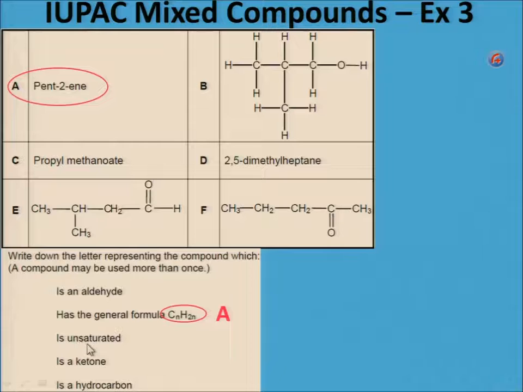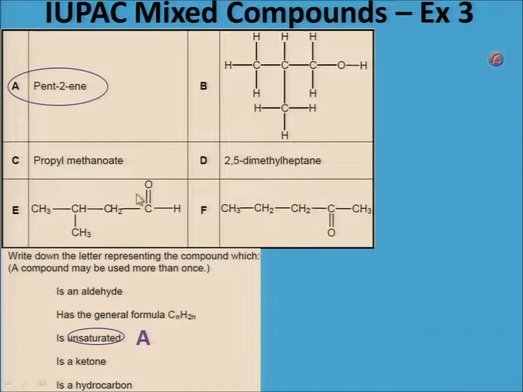Then for the next part, which of these compounds is unsaturated? What does unsaturated mean again? That means it needs a double bond or a triple bond. An alkene's got a double bond, so the correct answer should be A. Then for the next compound, they want a ketone.